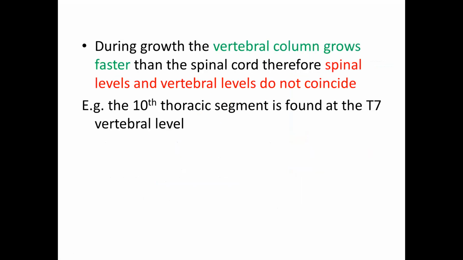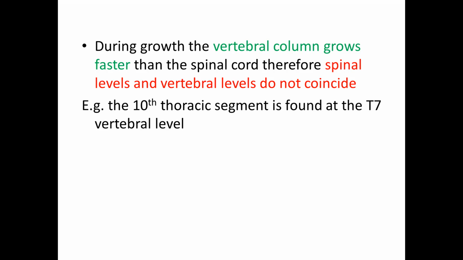Right? So during growth, as I said, the vertebral column grows faster than the spinal cord. Therefore, the spinal levels and the vertebral levels do not coincide. Okay, so the 10th thoracic segment of the spinal cord is found at the T7 vertebral level.